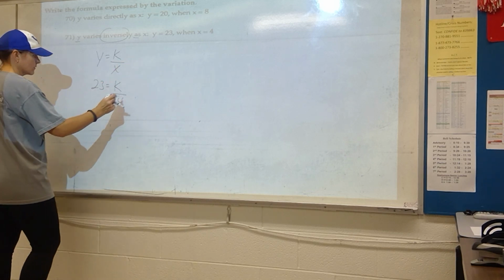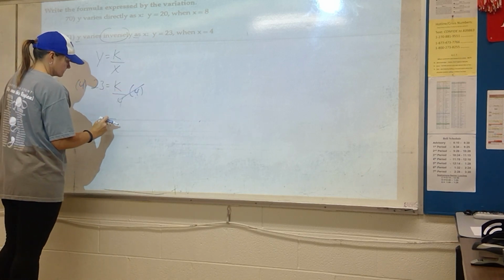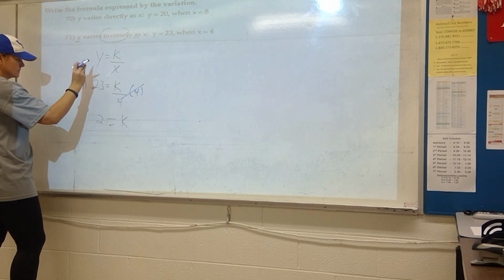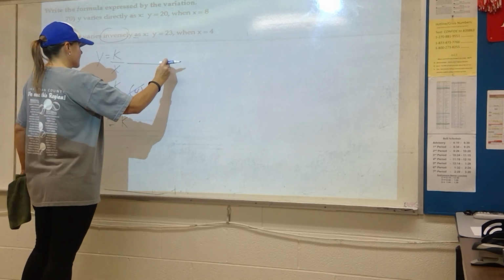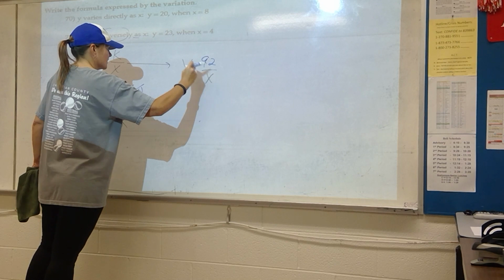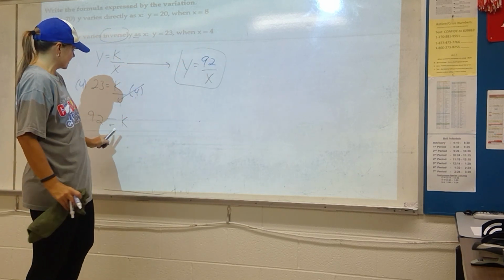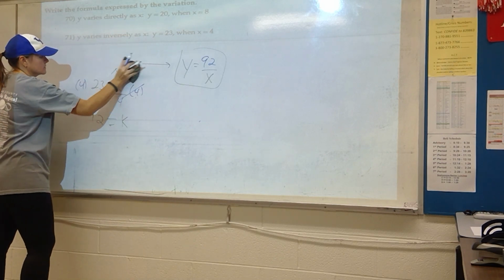To get rid of divide by 4, you're going to multiply by 4. 4 times 23, you get 92. That is your k. You're going to come back over here, plug your k in. So this formula right here, y varies inversely as x. We know the constant of variation is 92. Okay, last problem.